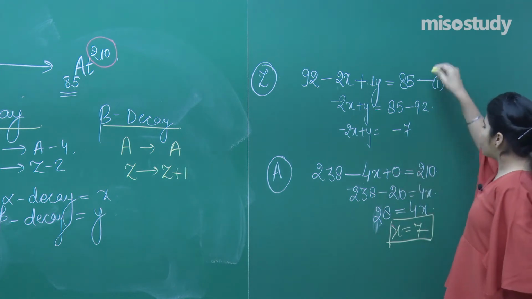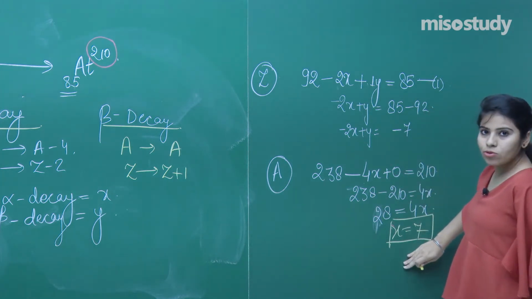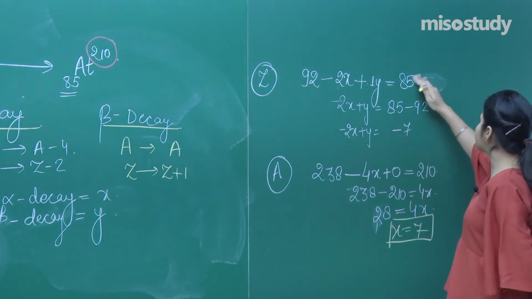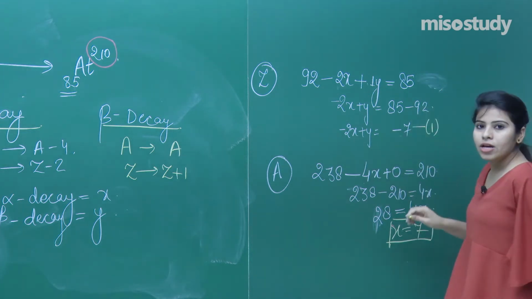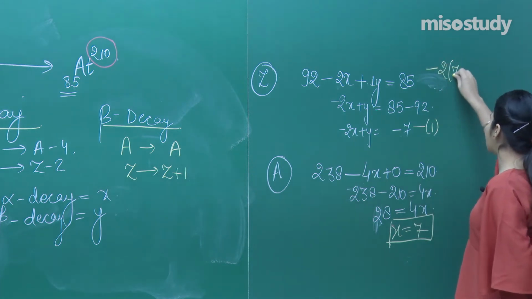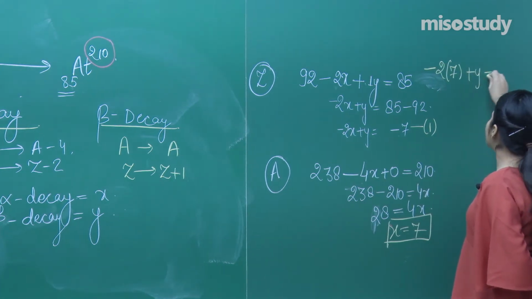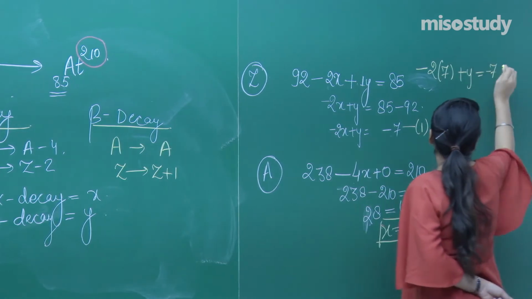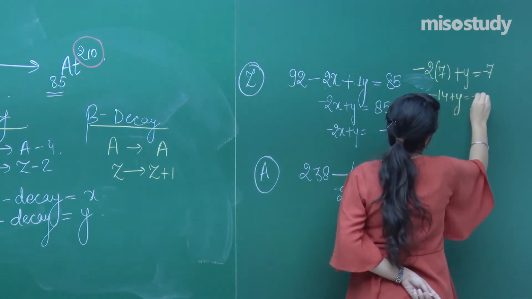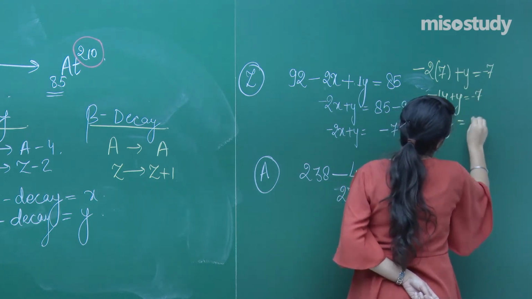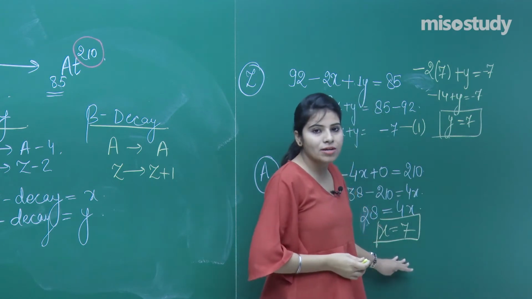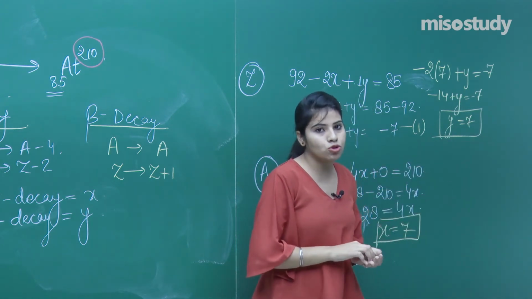Now if I put x equals 7 in equation number 1, you will have minus 2 into 7 plus y equals minus 7. So minus 14 plus y equals minus 7, or y equals 7. So both the values, x and y, have come out to be 7.